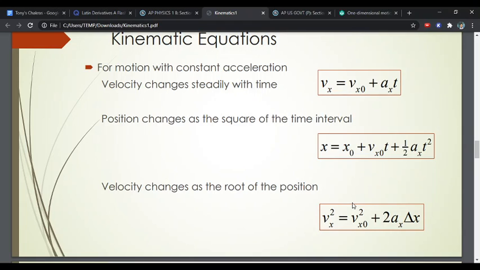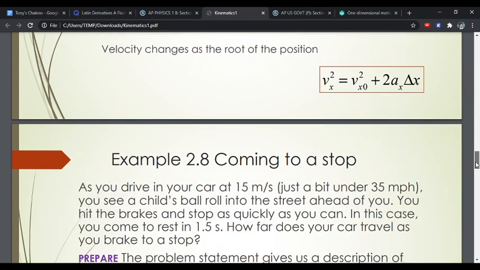Because of the ground that all three of these equations cover, they made sure that all of the necessary information you have at your disposal can be substituted into one of these three kinematic equations, right?